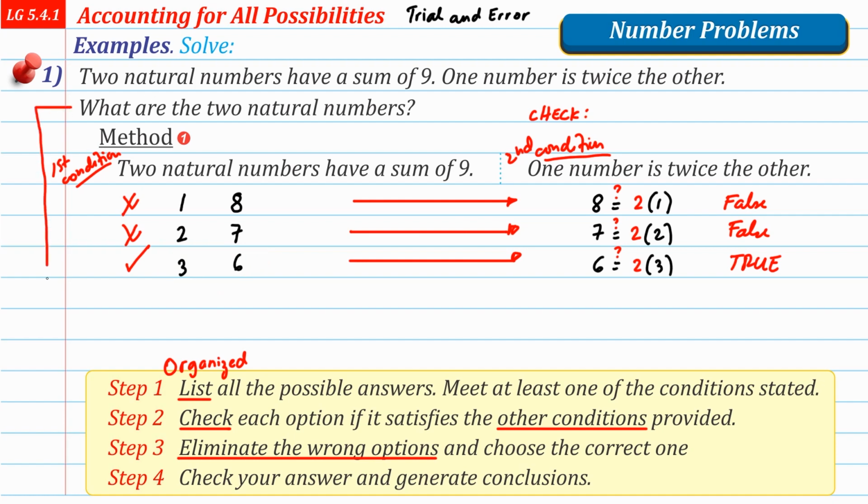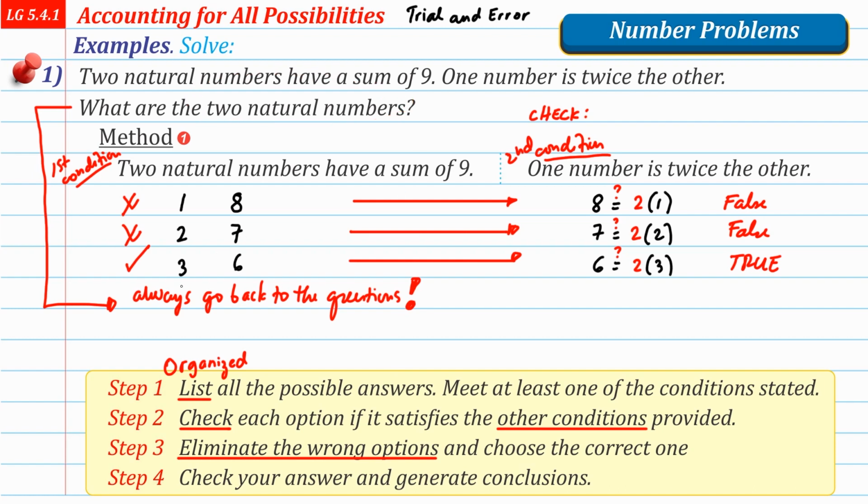So, it's a very important tip. Always go back to the question. Baka masyado kang excited, ang dami mong ginawa, tapos may nakuha kang number, yun na yan. So, ito, warning, tip po ito, always go back to, what are we looking for? What are the two natural numbers?